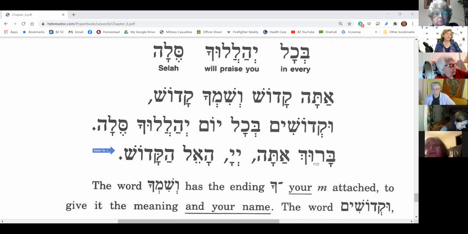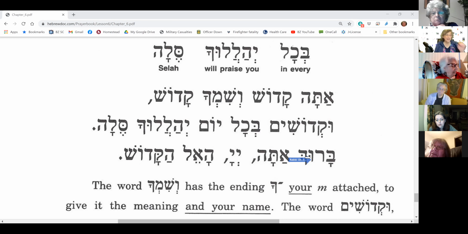So we have Baruch, which is also an adjective form. And what I was saying is that if you look at this word, the kadosh, or this word, it's the same word. If you look at kadosh, you'll see it has an a and then an o. And the Baruch has an a, but instead of an o, it's a u. They're both adjective forms. In biblical Hebrew, in the Torah, often the o and the u sometimes are interchangeable.